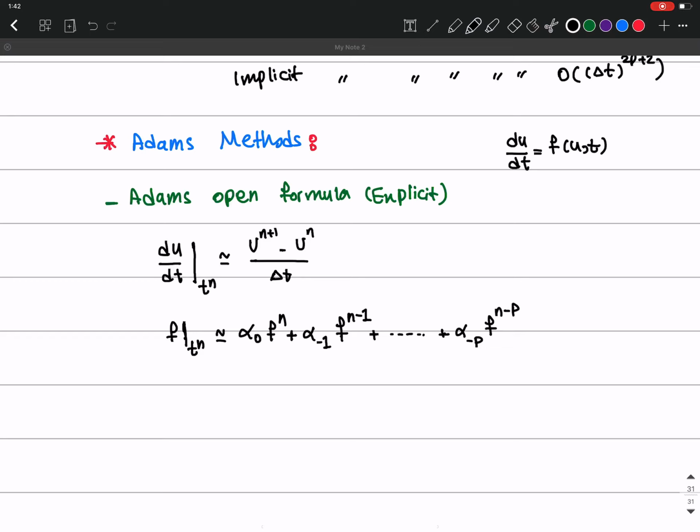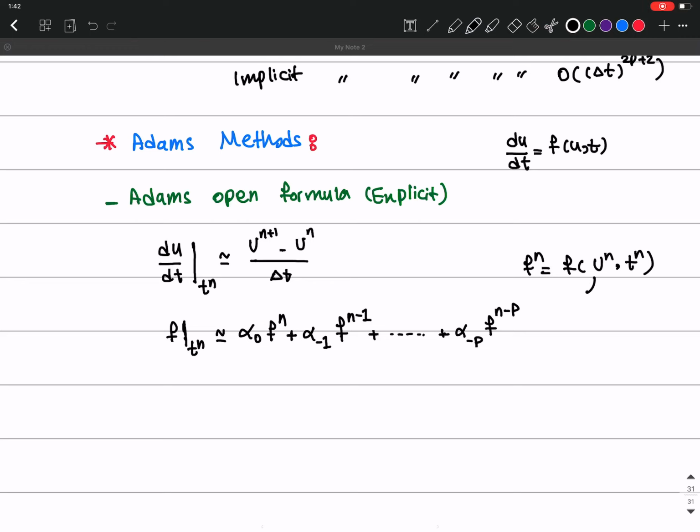I know all of them. I know f n, because I'm calculating u n plus 1. F is a function of u and t, so f n is the value of f at u n and t n.